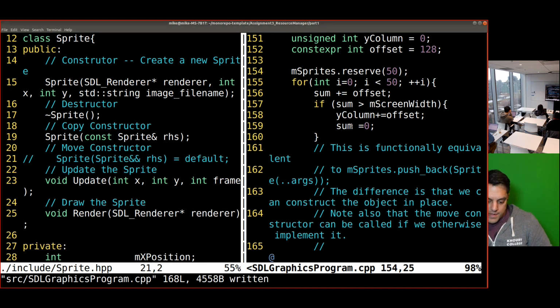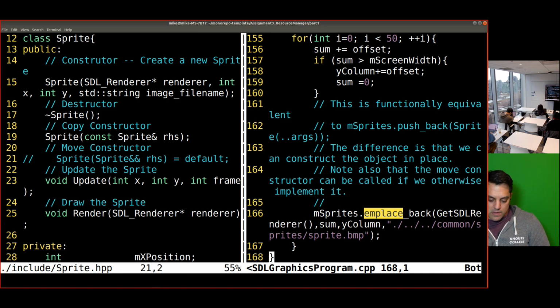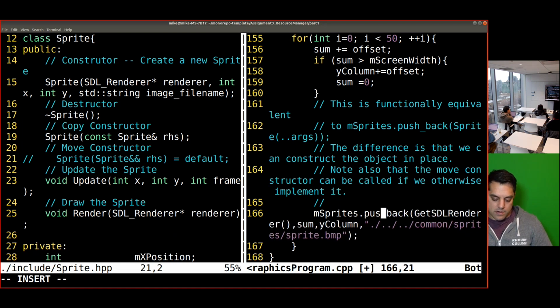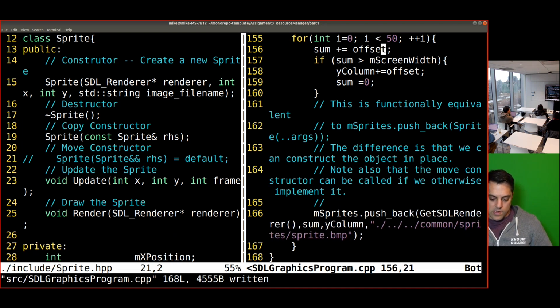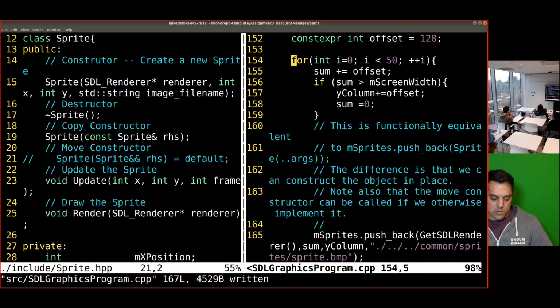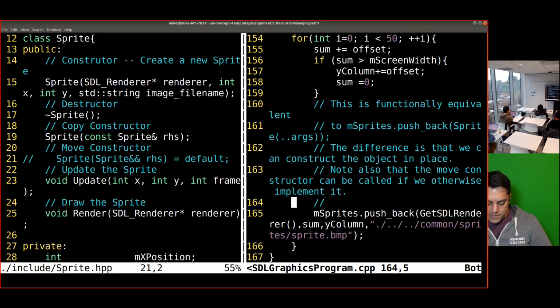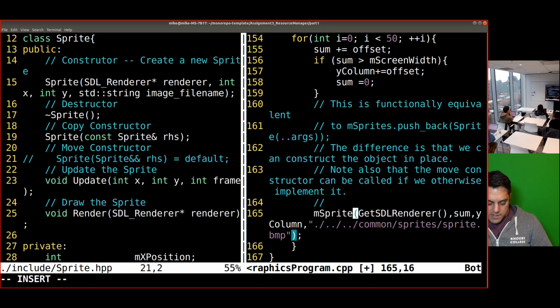And then let's see if I do push back here without the reserve. Let's see here. What did I do here? Oh, push back. Now I have to create this thing here.